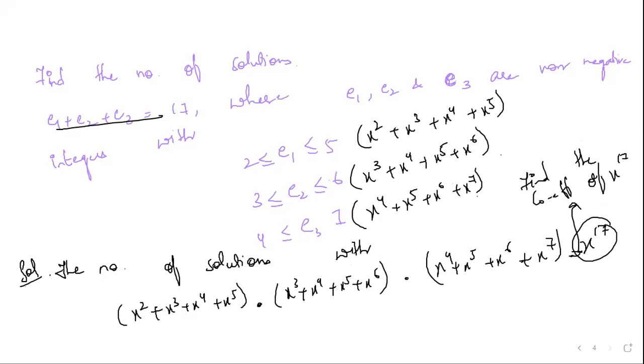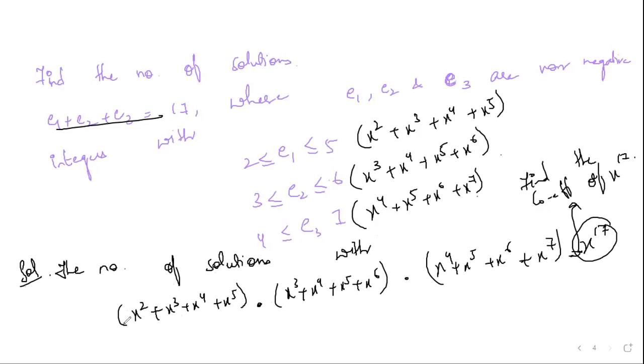Now, when we multiply each of these brackets, we have to get the coefficient of x power 17 by picking a term from the first, E1, then E2, and then E3, where the exponents of E1, E2, and E3 satisfy our constraint E1 plus E2 plus E3 is equal to 17.